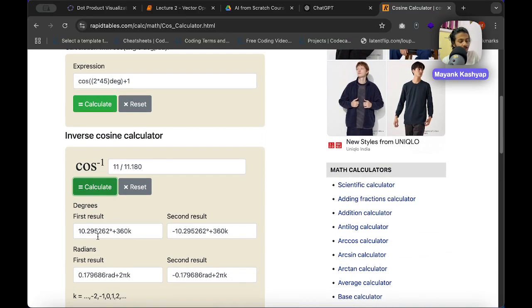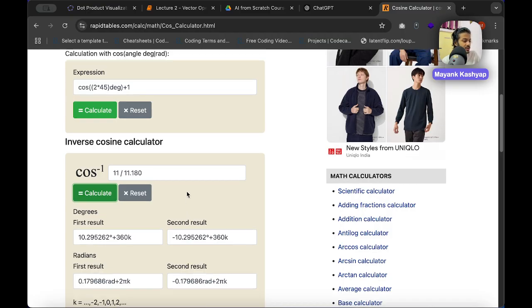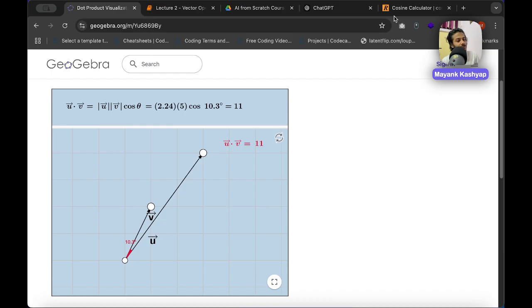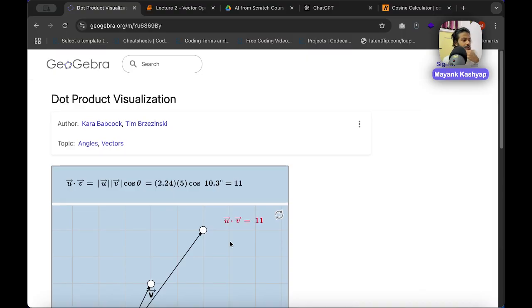So this is 10.3, something which we calculated, 10.3 right here. Okay, so I hope you got the idea.